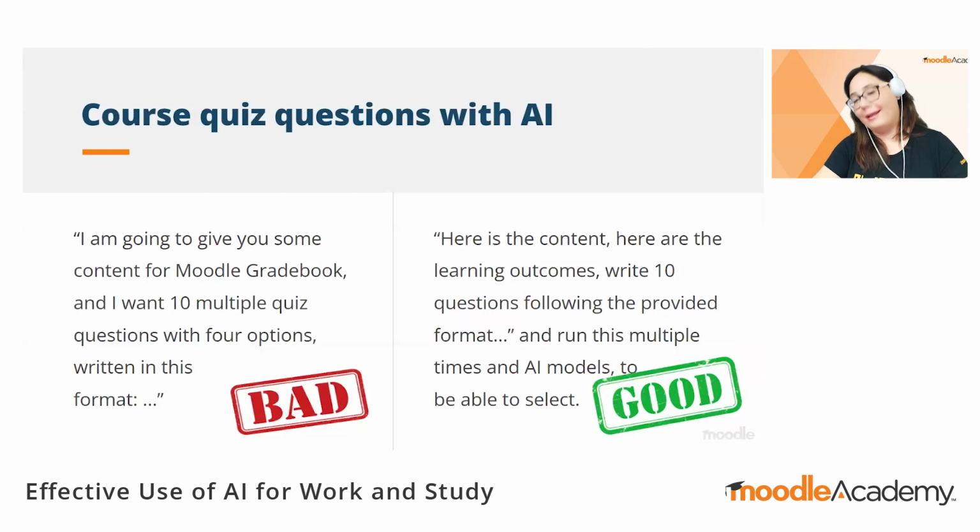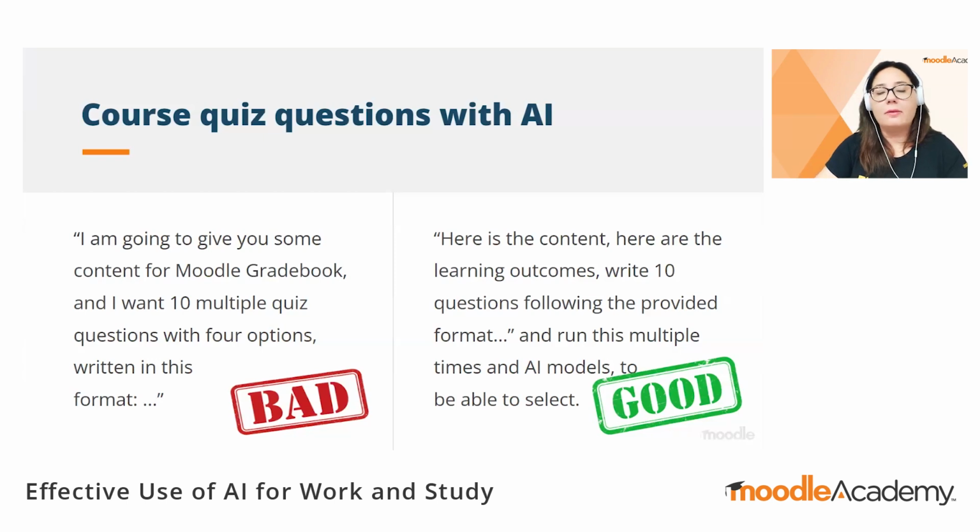I started with the bad way this time, providing the course content and asking AI to generate the questions. And I can't describe how poor the outcome was. I could see some potential, but the initial outcome was bad.